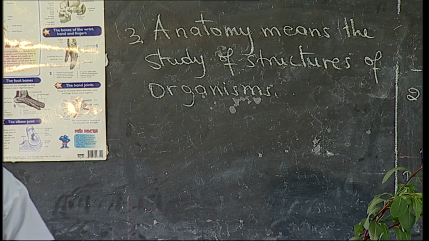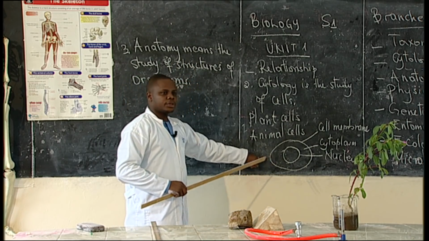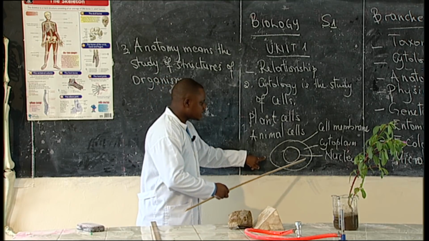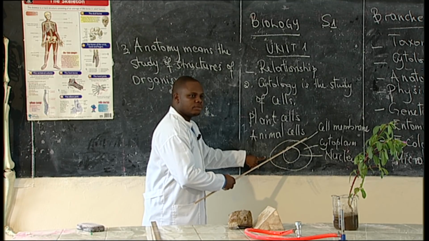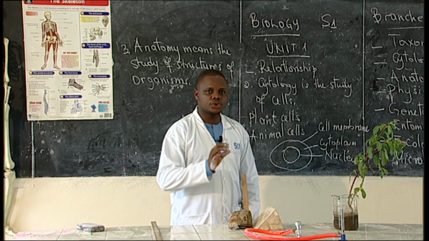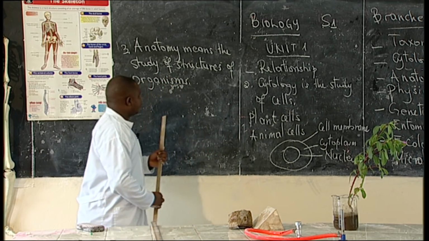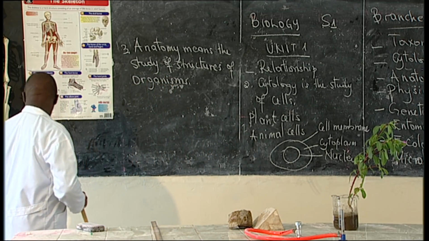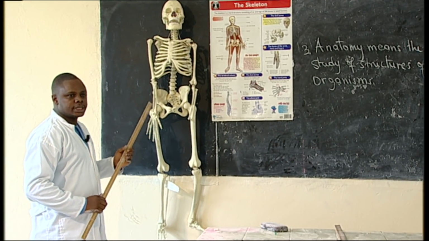Here, when we are talking about organism, we need to know which parts make that organism. Take an example. If we are talking about animal cell, you see it has nucleus, it has cytoplasm, it has cell membrane. Meaning, with anatomy, we need to know the structures of the organism. Example, as you see here, we have the skeletal system.